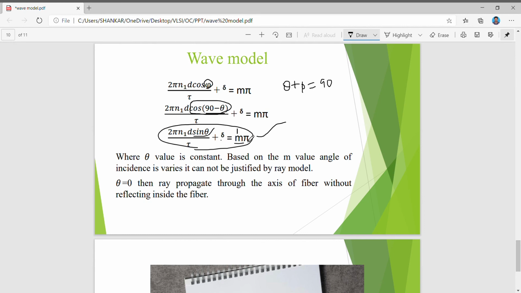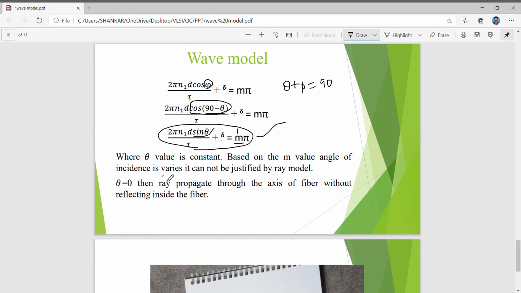So the value of theta is constant, and the m value is an integer that can vary from 0 to infinity. According to this equation, theta will be constant here, and the ray model cannot express this equation.